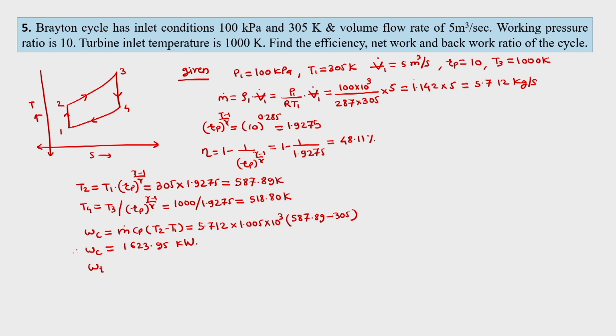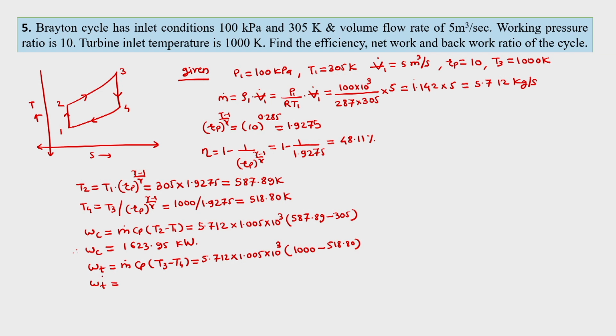So turbine work is m dot Cp into T3 minus T4. So it is 5.712 into 1.005 into 10 to the power 3, this is in joule per kg Kelvin. So T3 is known to us as 1000 minus T4, which is 518.80.